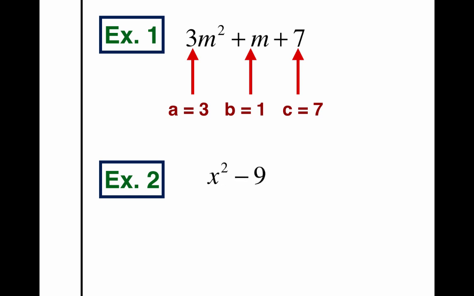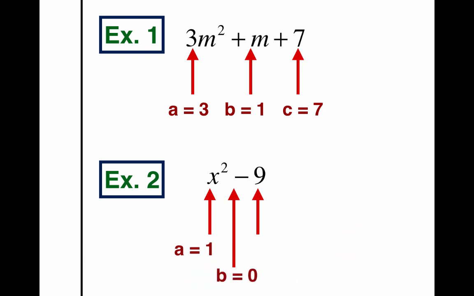Here's another one. This is a special case, x squared minus 9. Why is it special? Well, it's x squared, so it is quadratic. But notice the ABCs, we're missing something. So what do we have here? Well, we have the A and the C, but the B in the middle is missing. So that's the piece that makes this a special case. A is equal to 1. What do you think B is if it's missing?